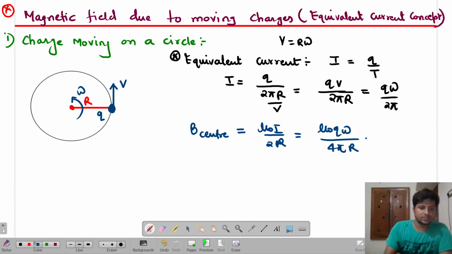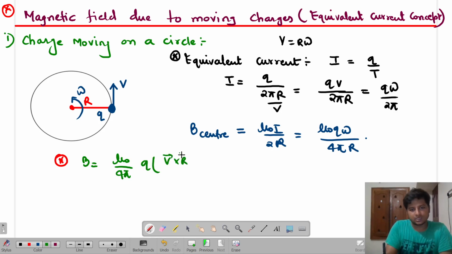We can also calculate this with that formula where we wrote B is equal to, what was that formula? Mu naught by 4 pi q v cross r by r cube, isn't it or not?